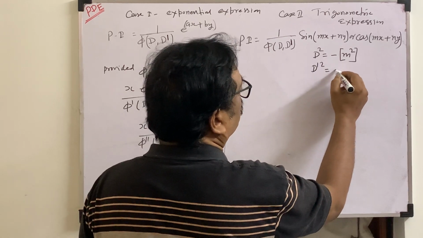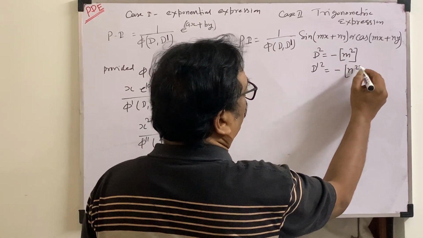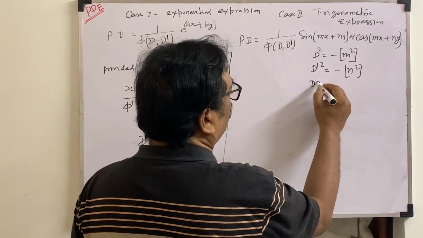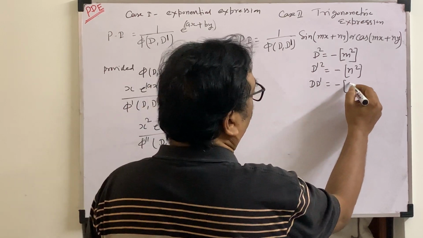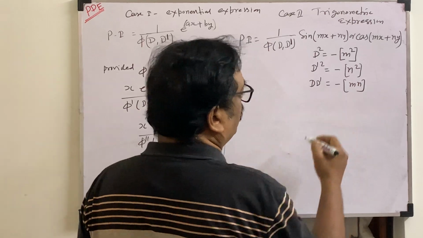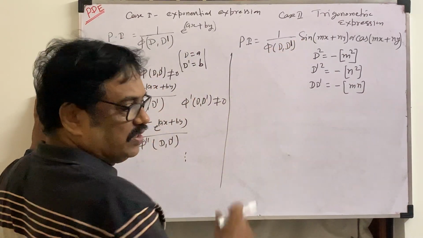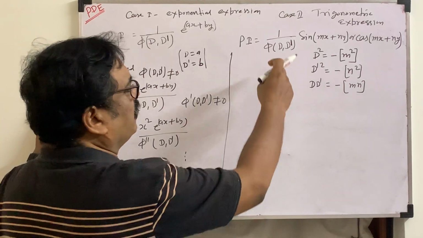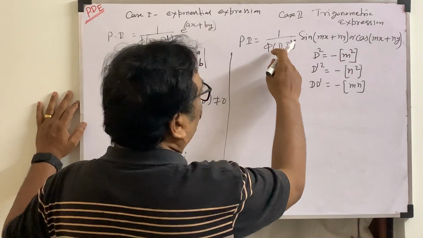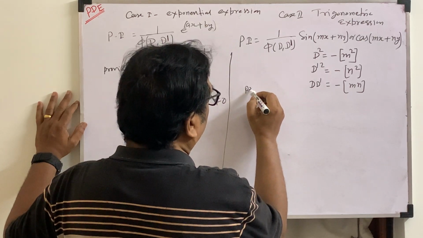D dash square means minus n square. D D dash equals minus mn. This we will substitute in the given homogeneous partial differential equation.